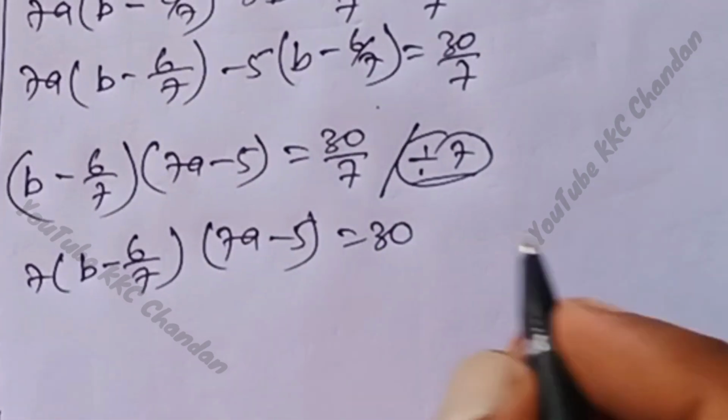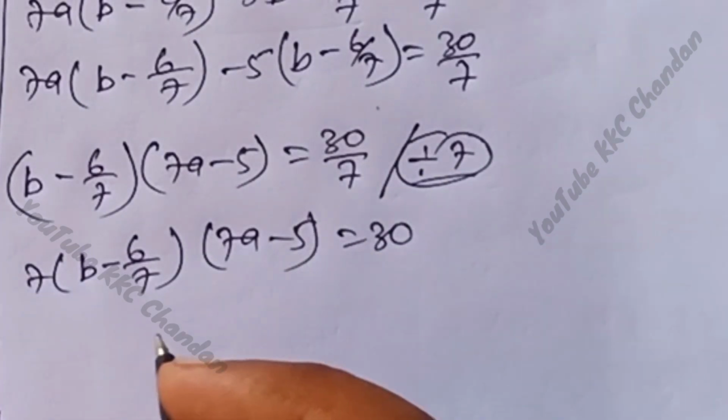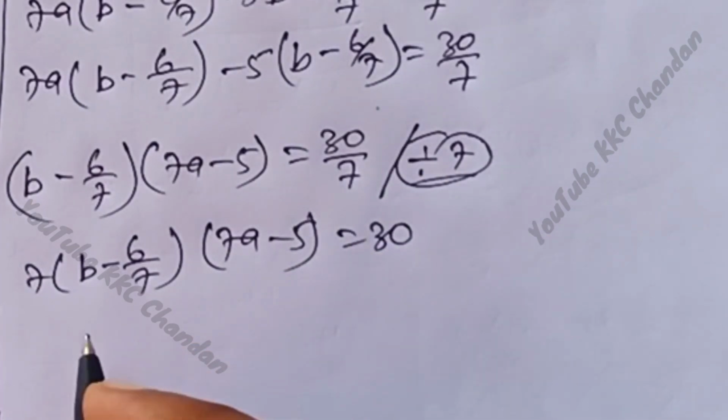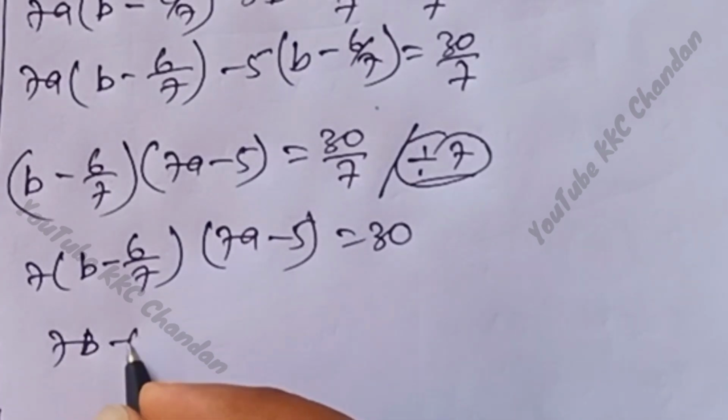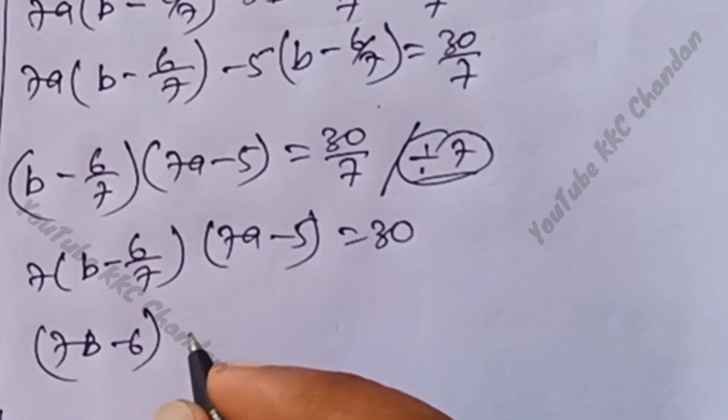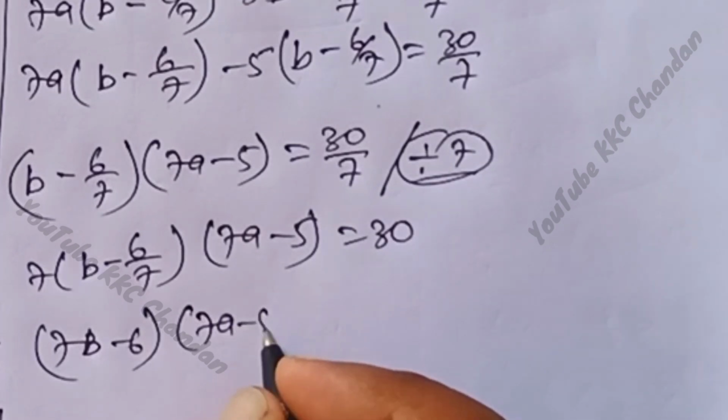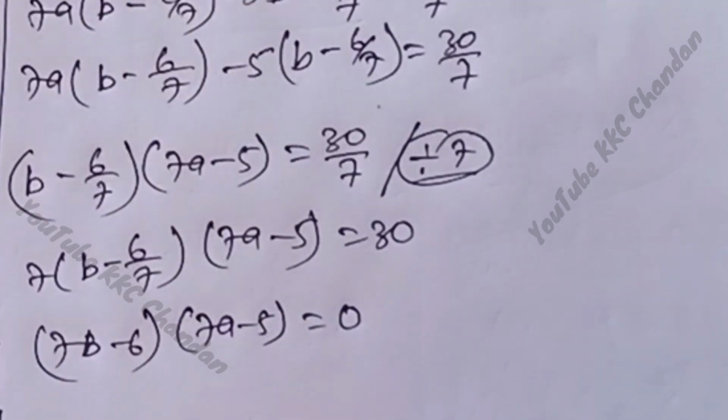After that, 7b minus 6 in brackets, then 7a minus 5 in brackets, is equal to 30.